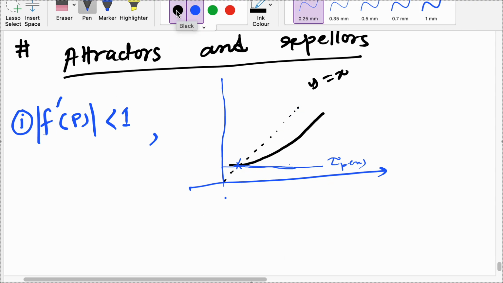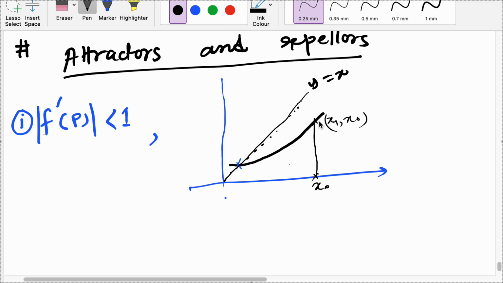Now let's draw some cobweb diagram to see. First, suppose here is my initial condition x0. If I go upwards, it will hit here. So this is my first iterate, x1.